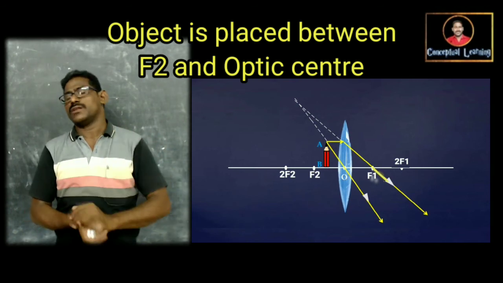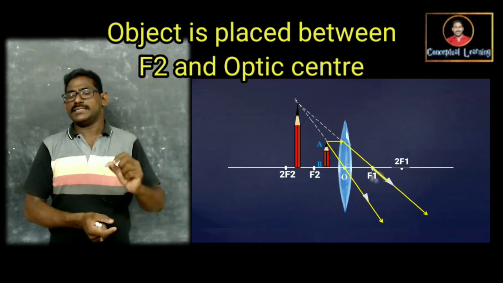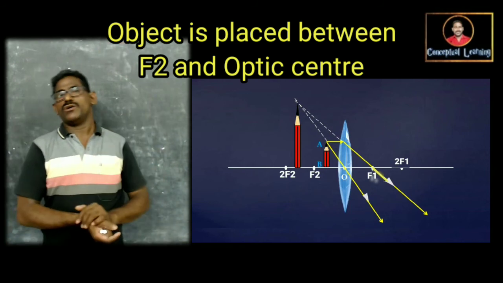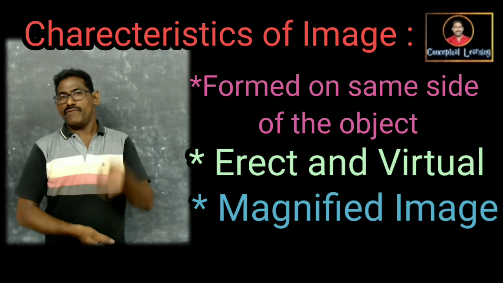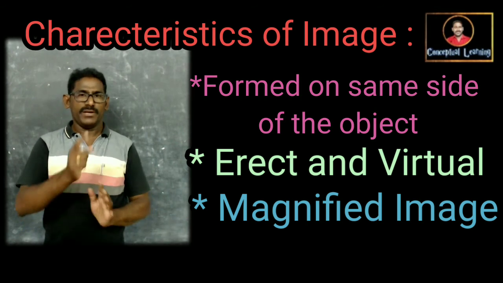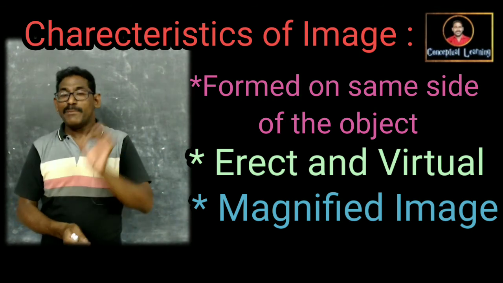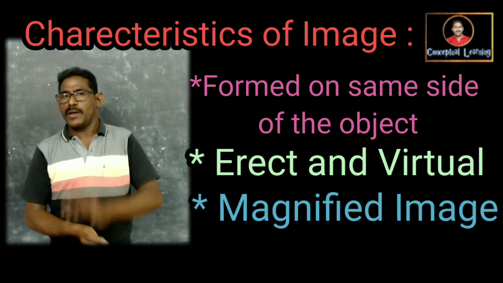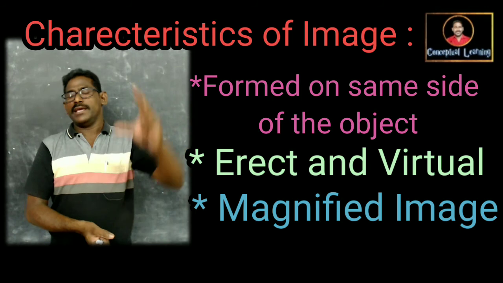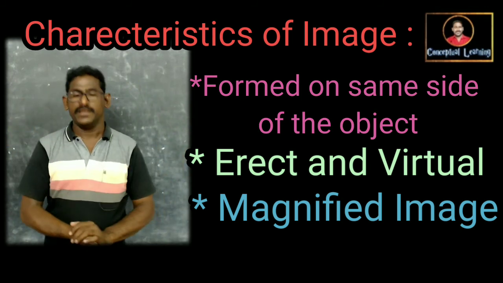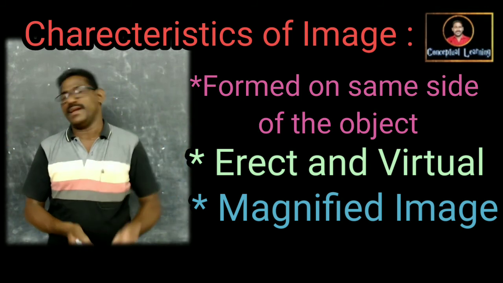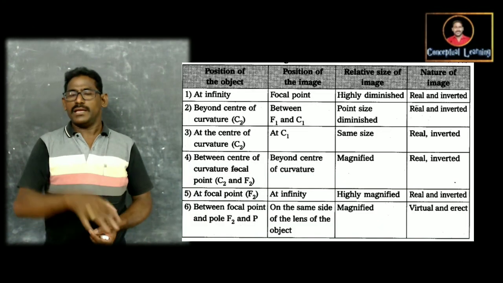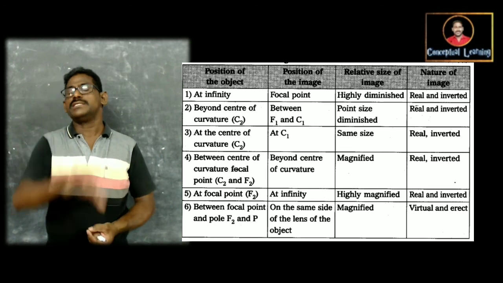The intersecting point is above the principal axis, hence the image is an erect or upright image. That means when the object is placed between F2 and O, the image is a virtual image, which is erect or upright, and the size of the image is more than that of the object. That means this is a magnified image. So this is the only case for the convex lens in which the image formed is virtual.